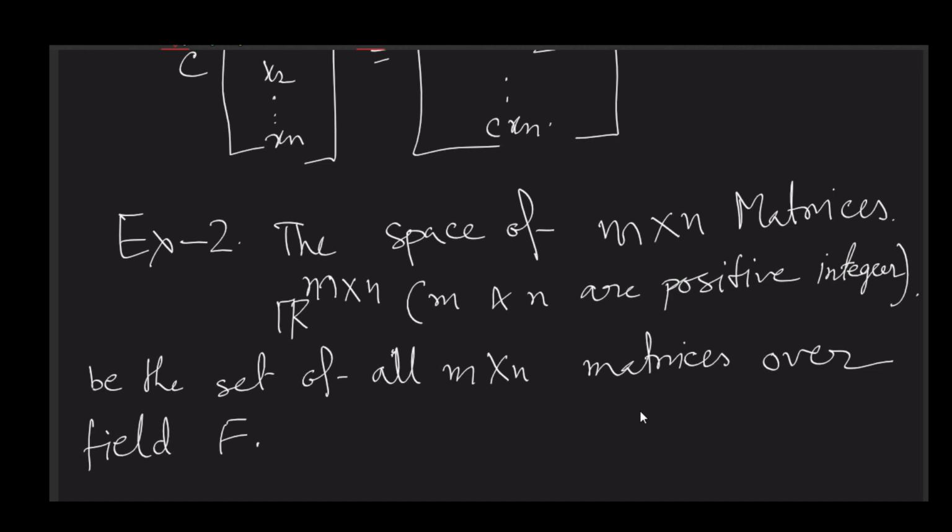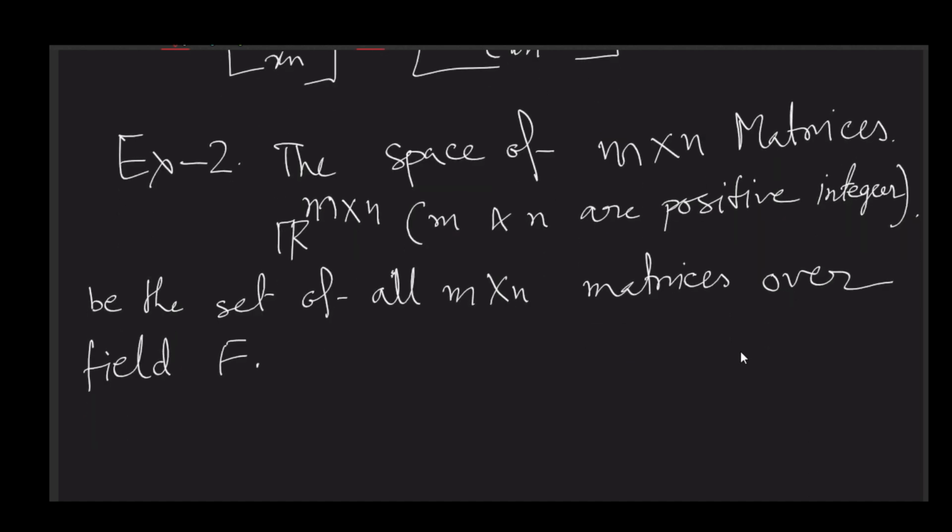The way we have defined the plus, this addition, the inner operation, and the outer operation scalar multiplication, we can always prove that the set of all M cross N matrices forms a vector space over your field F. But here we are defining the things in this way.